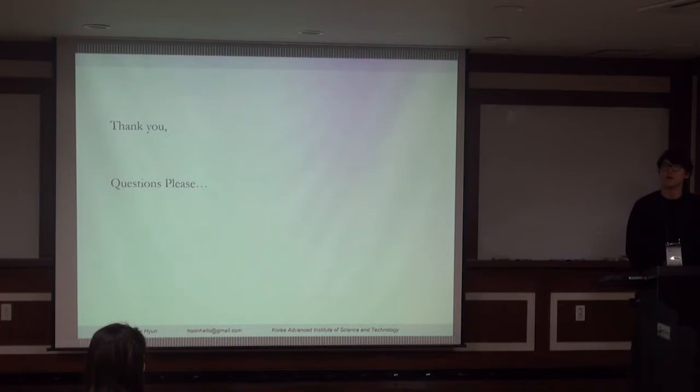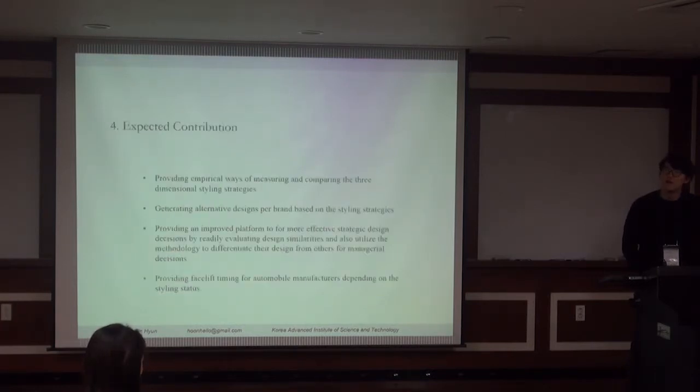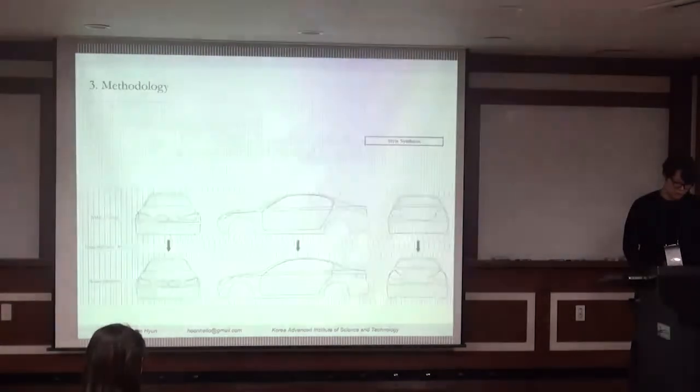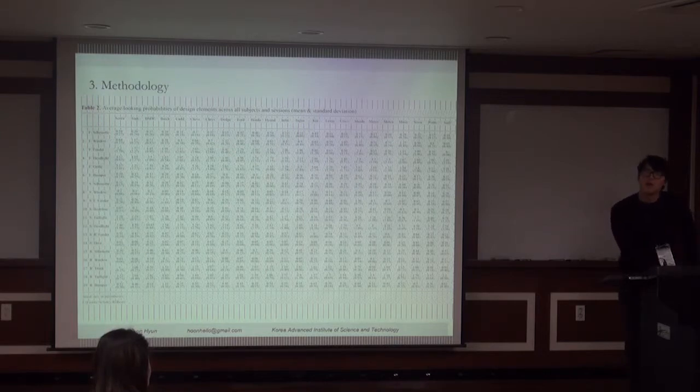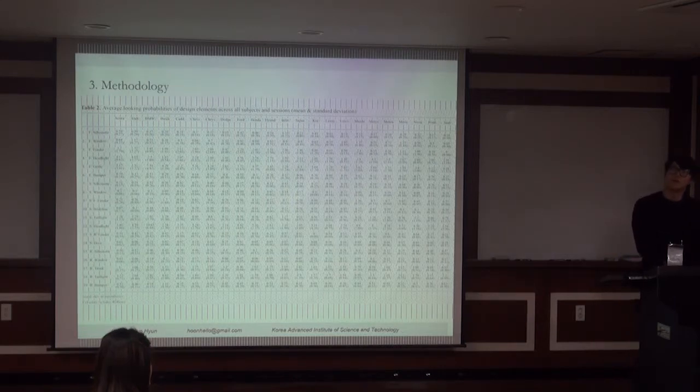I was wondering how much variation there was in the way they would be looking, and whether it might be interesting, rather than just focusing on the average, to look at the variation. For example, let's assume you could identify different clusters, different types of people who look at style in a different way.